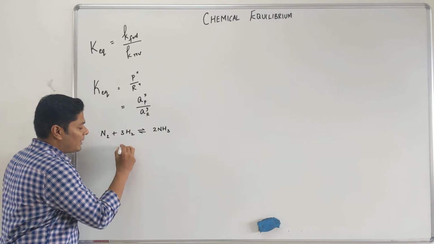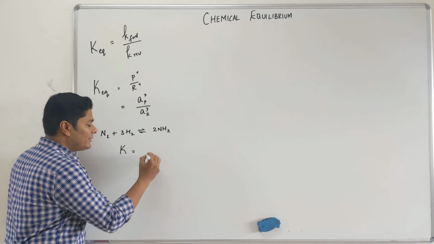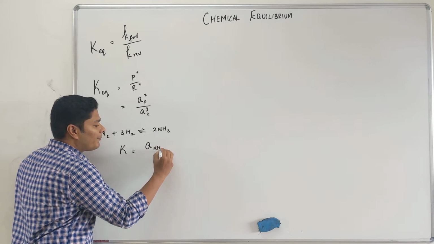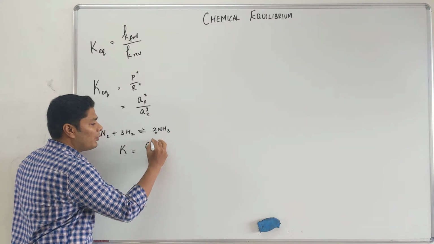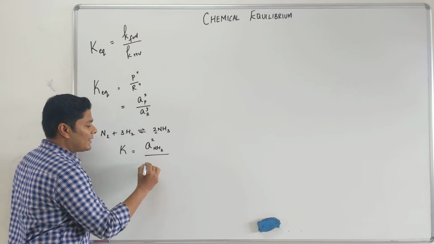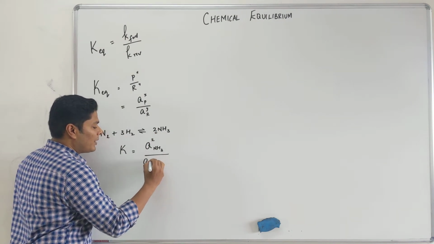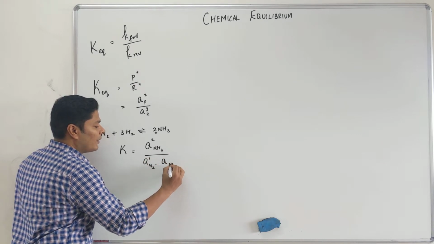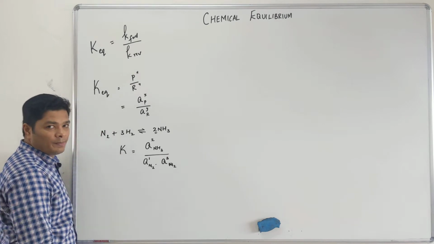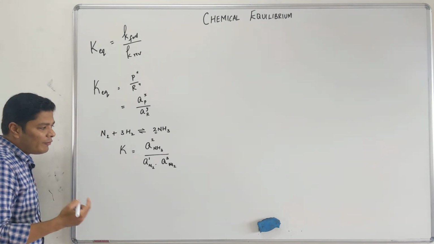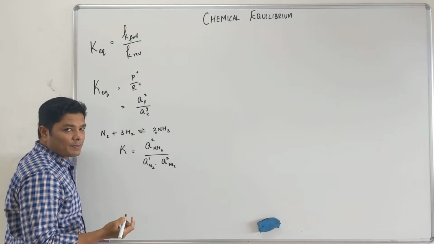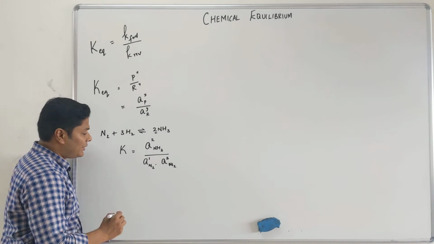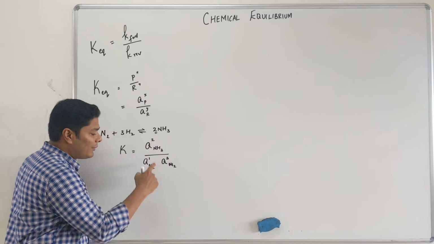Now, if I had to write my K, the correct way of writing it is product over reactants: active mass of ammonia raised to the corresponding coefficient divided by my reactants, active mass of nitrogen raised to the corresponding coefficient times active mass of hydrogen raised to the corresponding coefficient. Okay. But we don't have a way of doing active masses at this point in chemistry, for you guys. So we are going to deal with concentration. So rather I would use concentration.